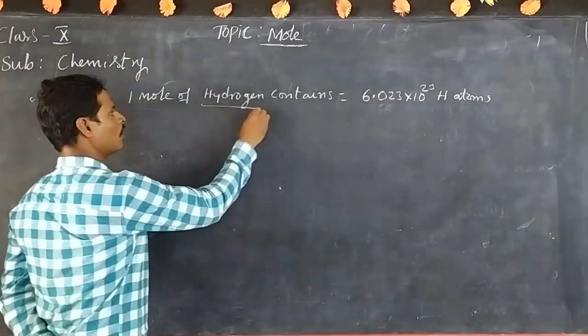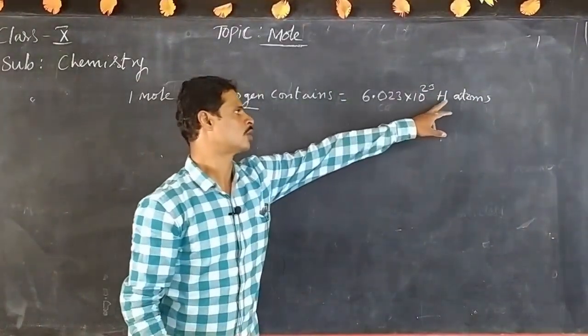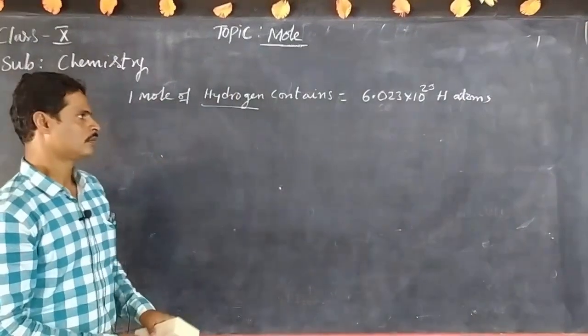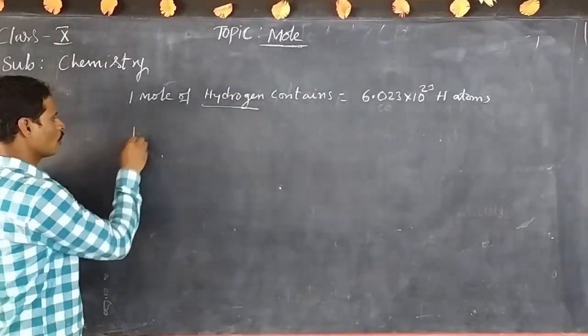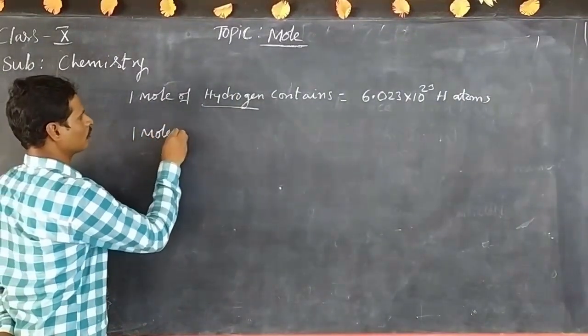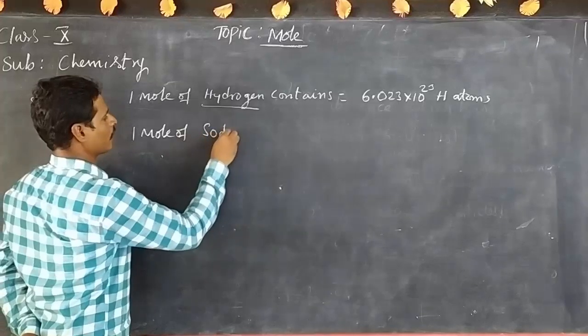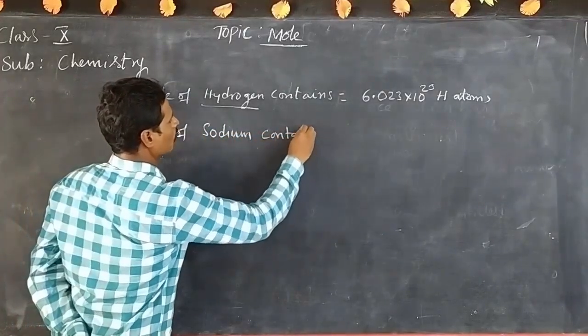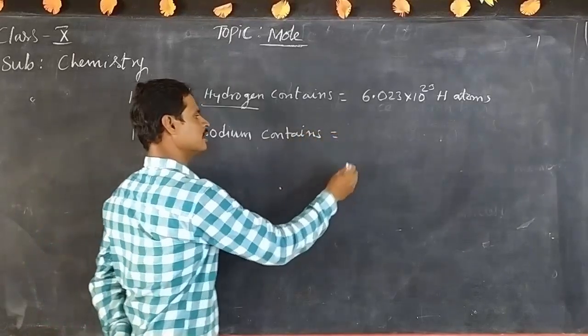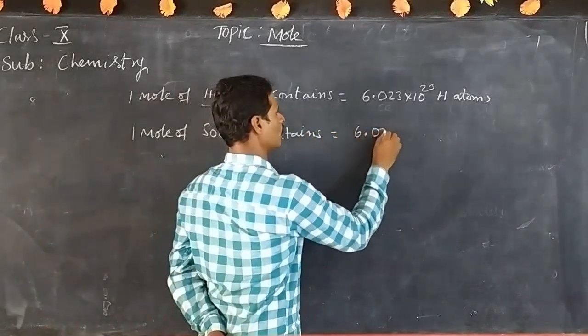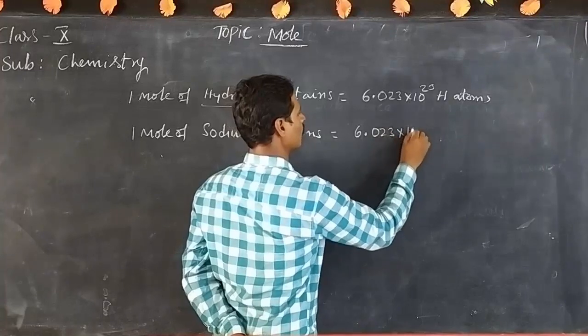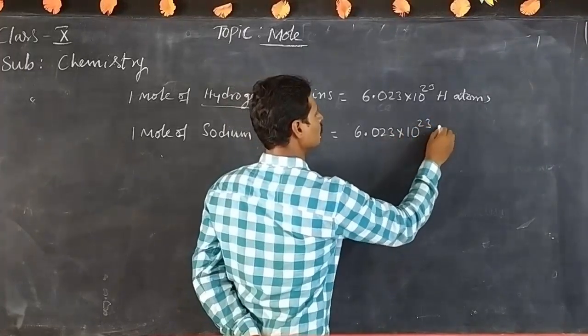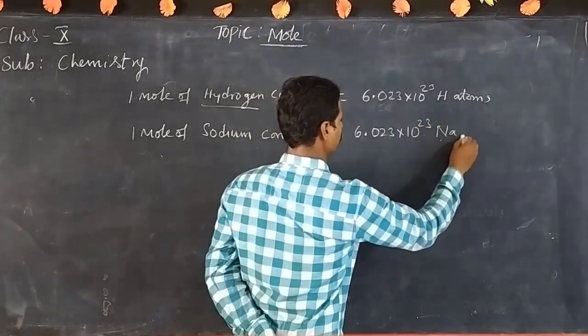Next, 1 mole of sodium atom contains 6.023 into 10 to the power 23 sodium atoms.